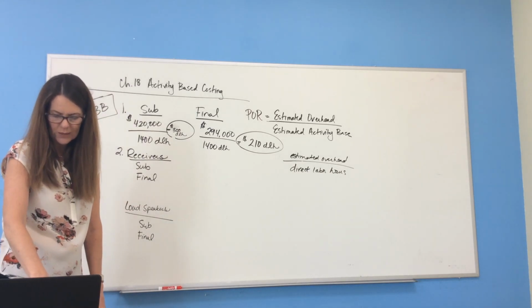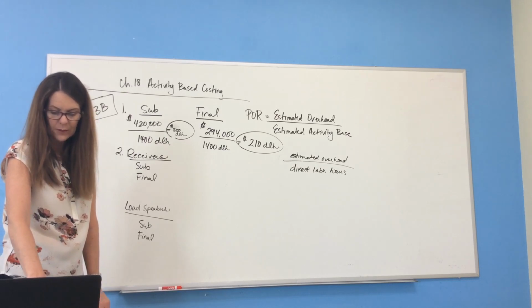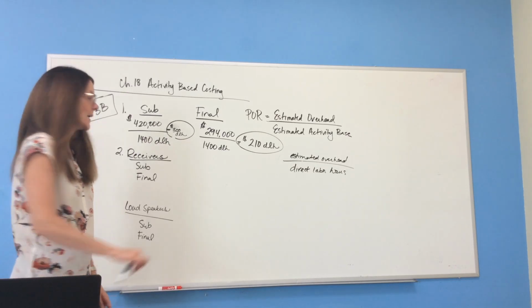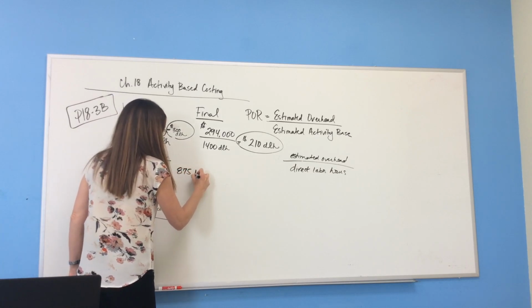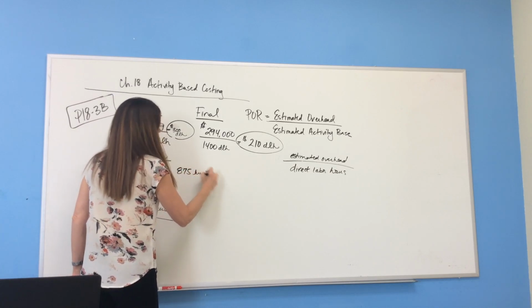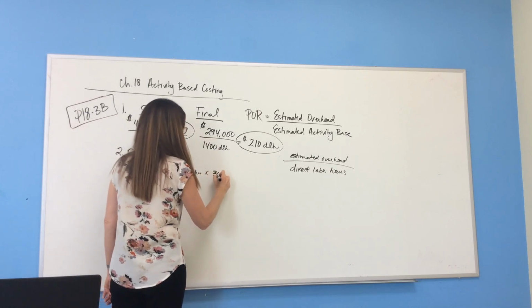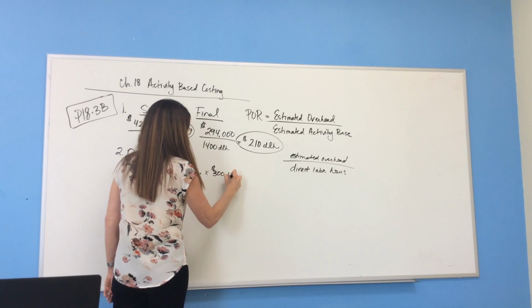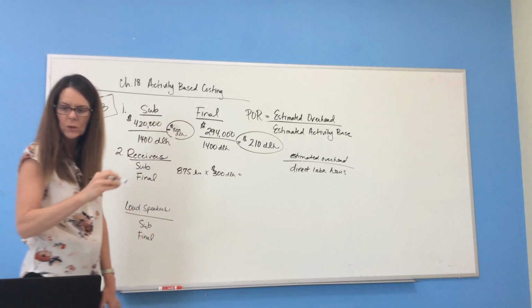We go to the chart and we see how many direct labor hours for sub-assembly and receivers are used, and they use 875 hours. I'm going to multiply that by, for sub-assembly, $300 per direct labor hour, and then I get a total. Just multiplying that out, I get $262,500.